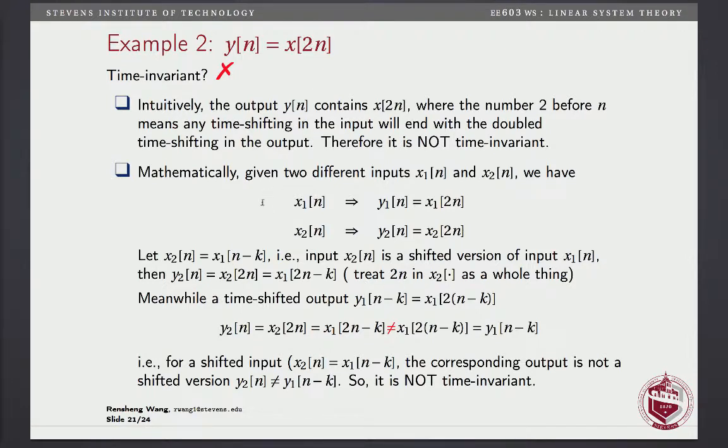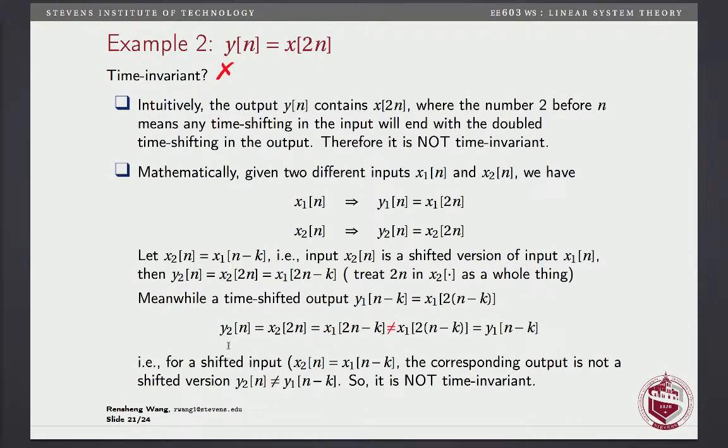Mathematically, if you really want to prove it, you can say we have 2 inputs, x1 and x2, each ending with the outputs y1 and y2. Let's assume the second input x2 is the shifted version of x1. Then the output should be something like this: y2 equals x2(2n) equals x1(2n minus k), because x2 and x1 are shifted versions.